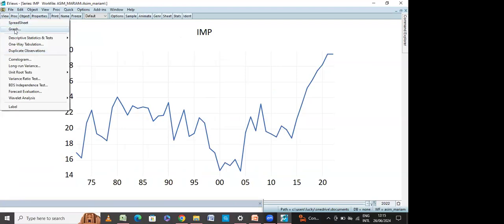There are a lot of multiple options in EViews. For example, if I want to check descriptive statistics. What is the meaning of descriptive statistics? EViews will show us the parameters.